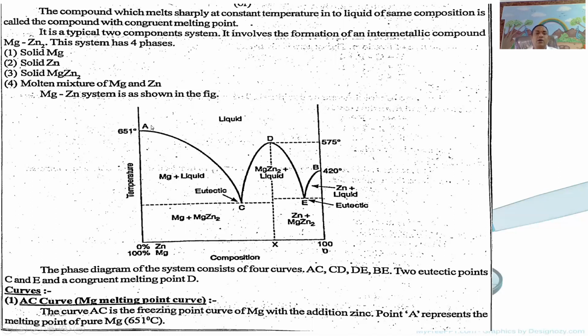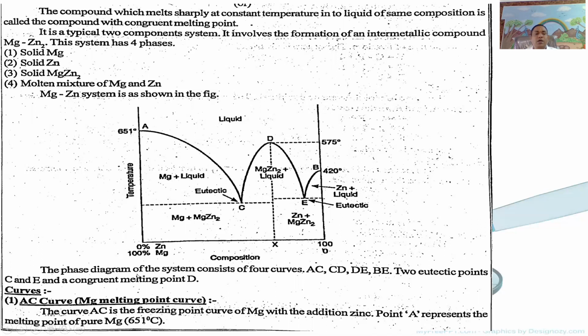Here, point A shows the pure melting point of magnesium. Point B shows the pure melting point of zinc. D is the eutectic point. This phase diagram is obtained by plotting the graph between temperature and composition of the zinc magnesium system.